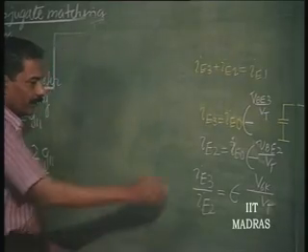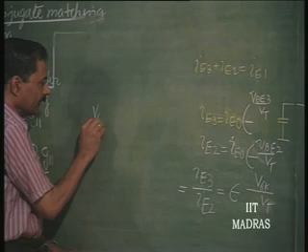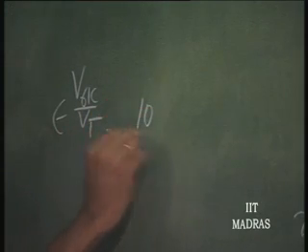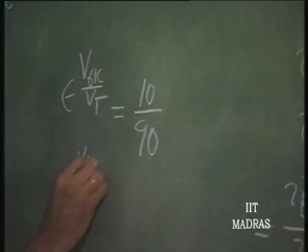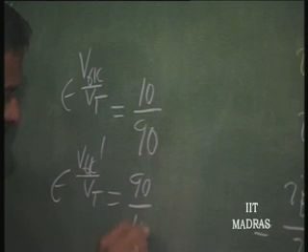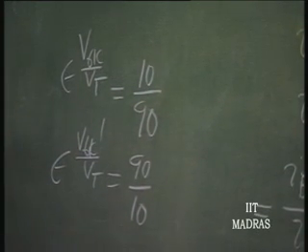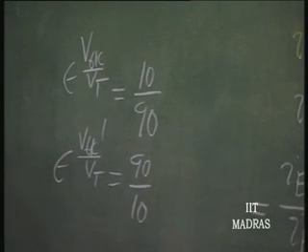So, in this case, the ratio with exponent V6K by Vt is, let us say, 10 by 90 in one case, and exponent V6K prime by Vt is 90 by 10, as the range of V6K variation which will cause the required change of gain from 0 to 100%.